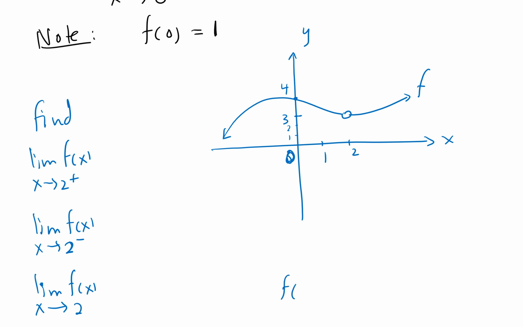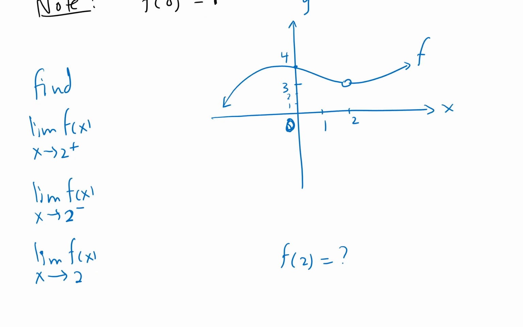And then we're going to find what is f of 2. We'll find all of these. I'll give you 3 minutes. You try it on your own first. And you can do it.